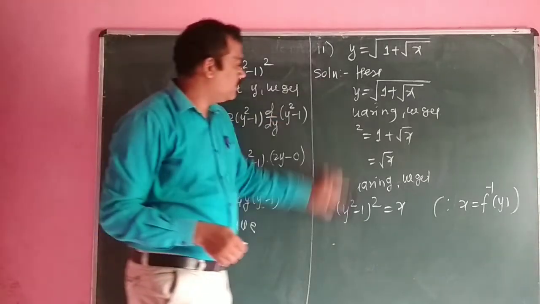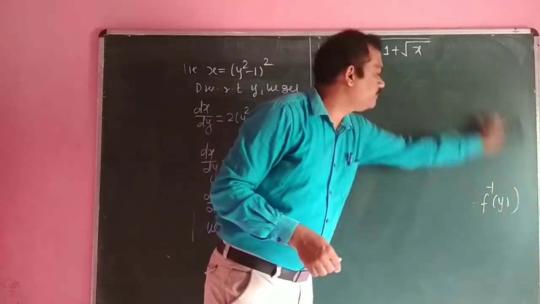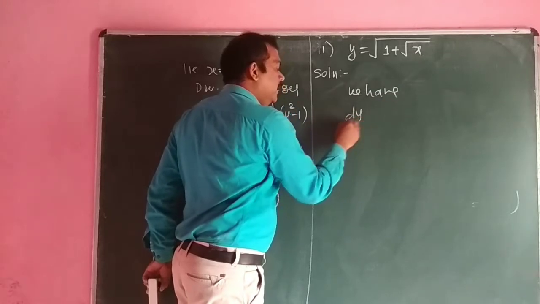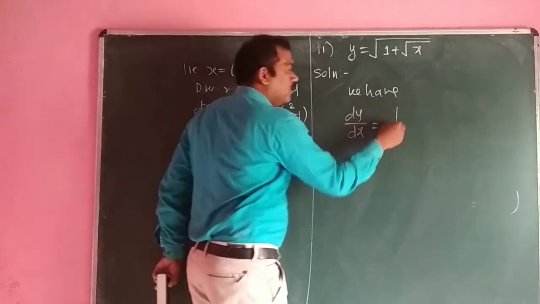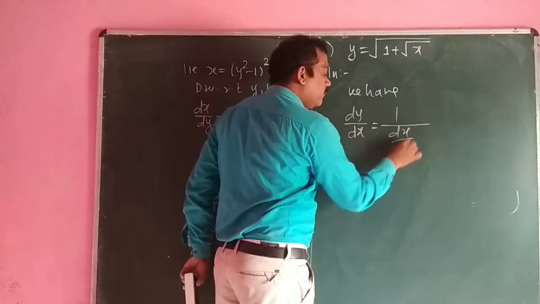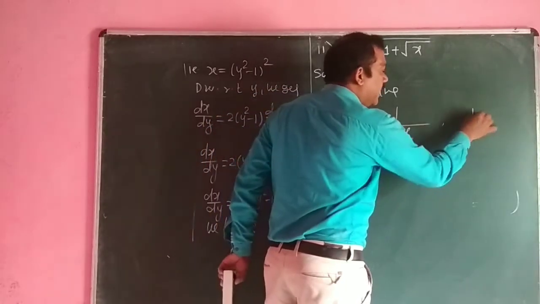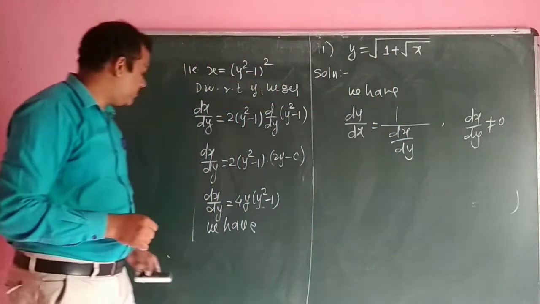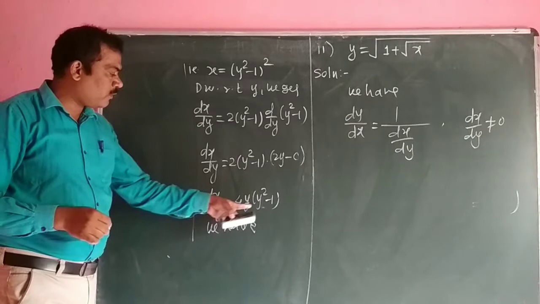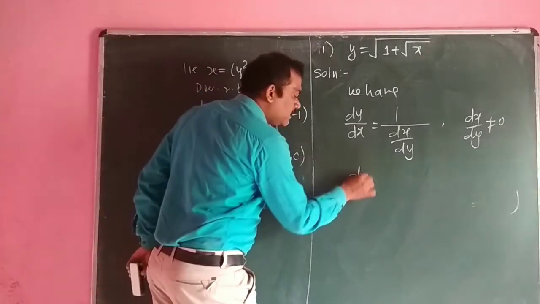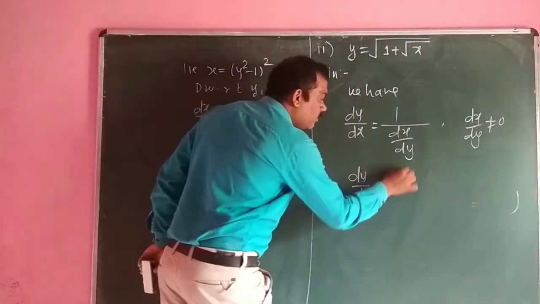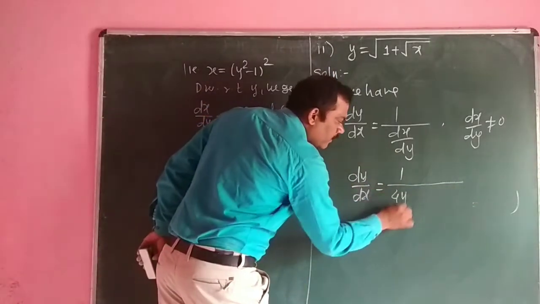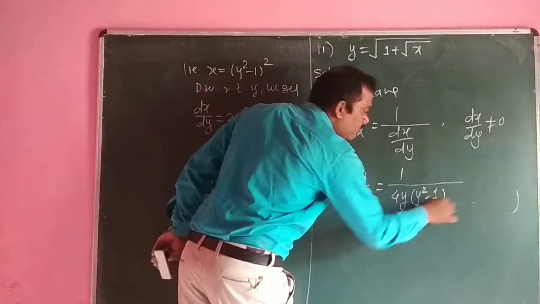We know that dy by dx is equal to 1 upon dx by dy, with dx by dy not equal to 0. Now we substitute the value of dx by dy, 4y into y square minus 1, that is dy by dx is equal to 1 upon 4y into y square minus 1.